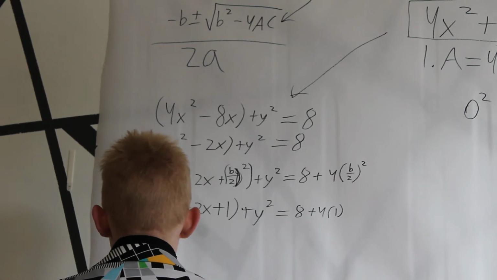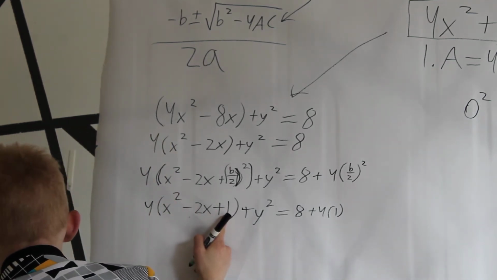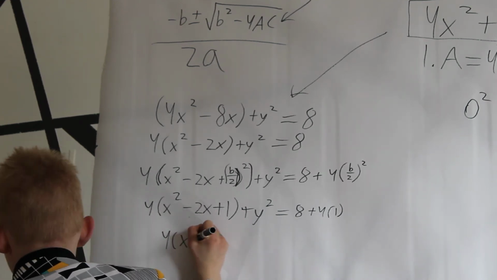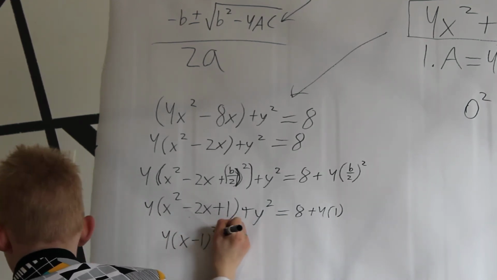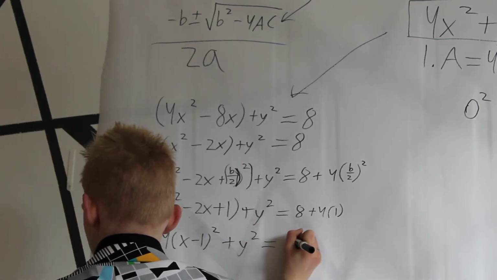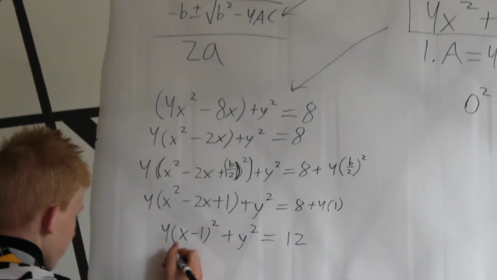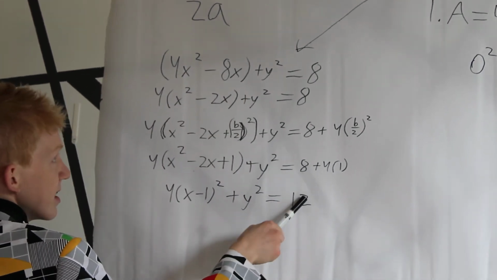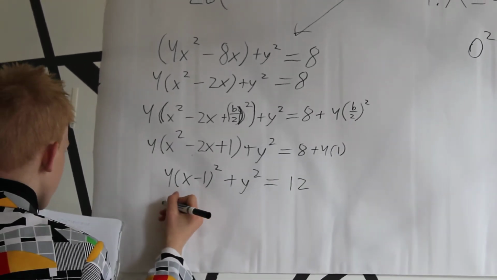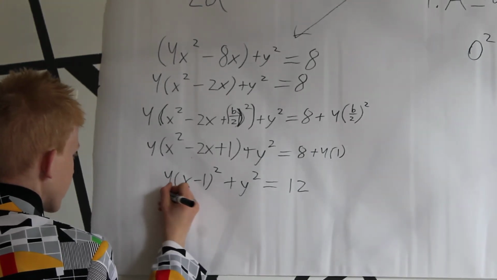Alright, and then the next thing, because we have completed the square, is 4 times x minus 1 squared plus y squared equals 12. Then we're going to divide this entire thing by 12, everything by 12, so that we can make the right side 1 because it's an ellipse. When we divide everything by 12, we get this.